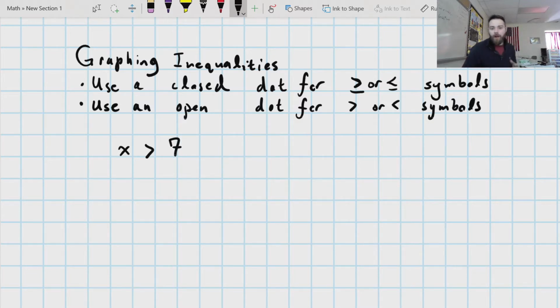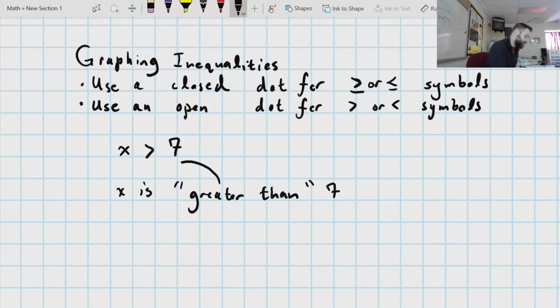When I read it from left to right, I start with the x, and then I put in words what that symbol means, okay? And so this symbol says x is greater than 7, okay? So the greater than goes right there, okay?